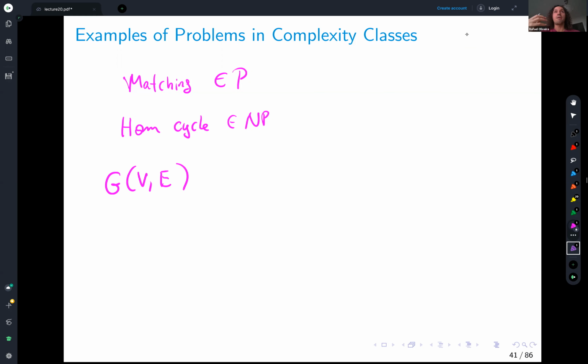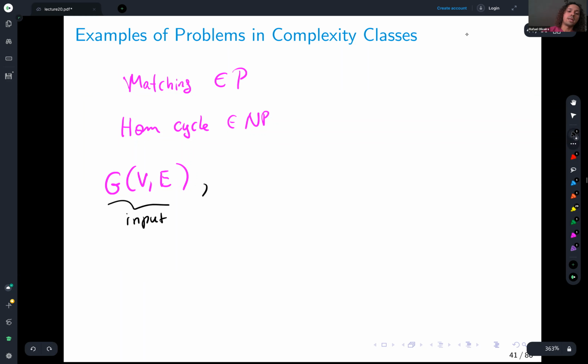If this graph has a Hamiltonian cycle, what is the witness that we would give? This is the input, and the witness would just be the cycle C. This is our witness or proof.